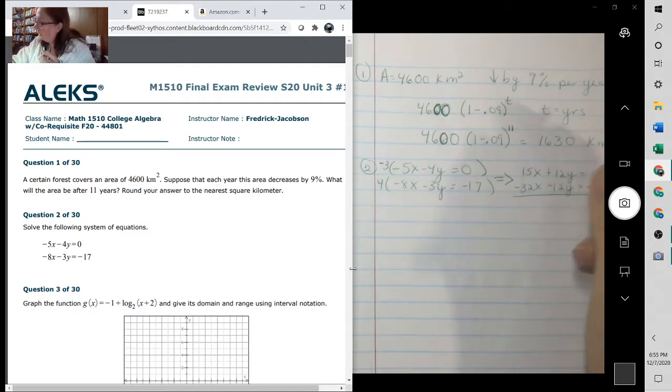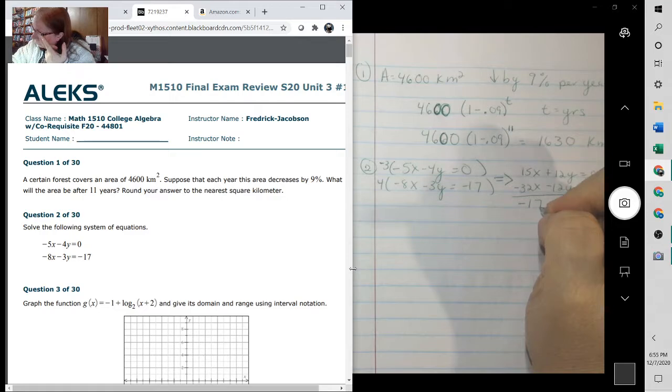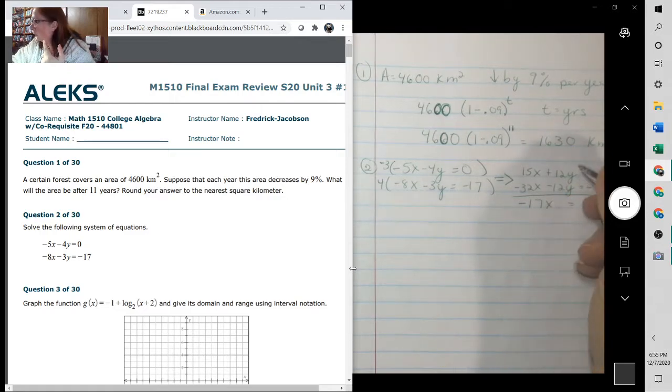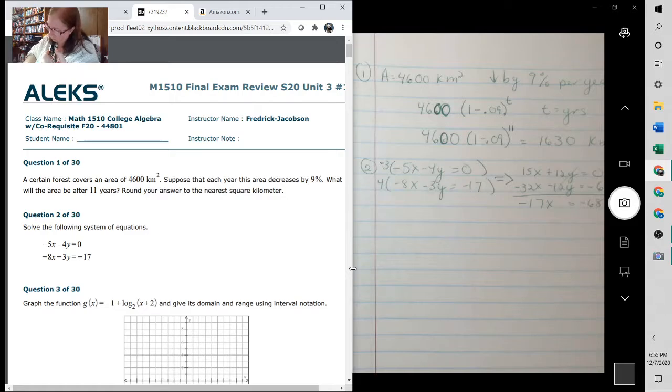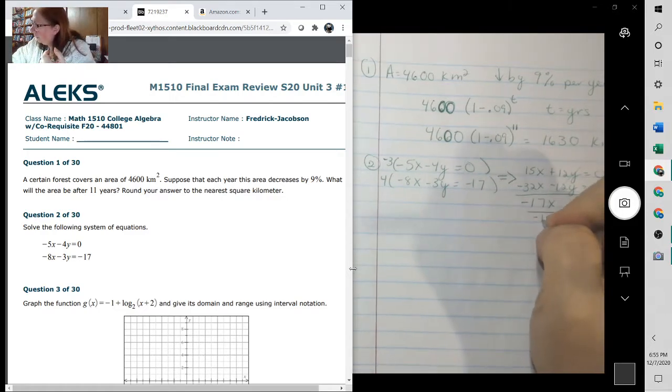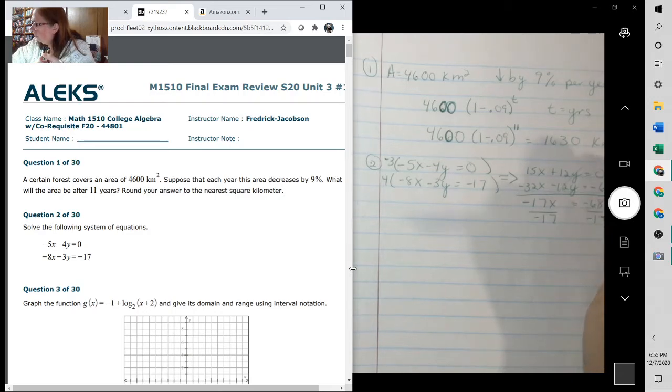Subtracting these two, I get a -17x equals, this drops out, dividing by the -17, x equals 4.